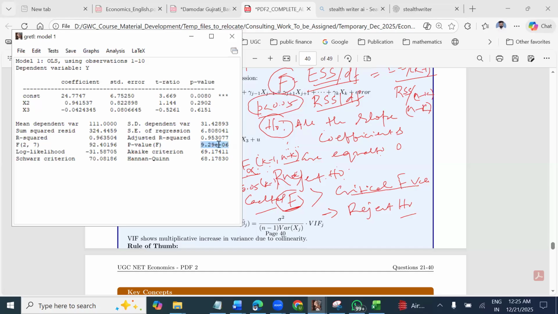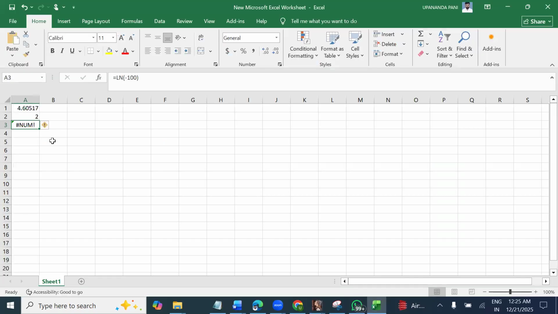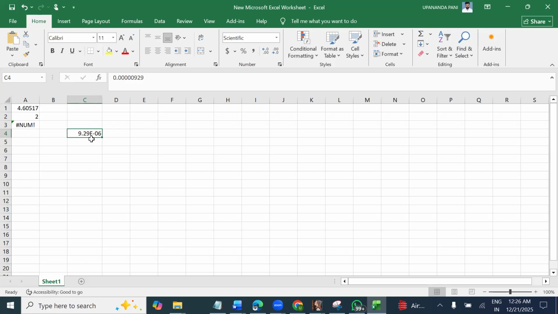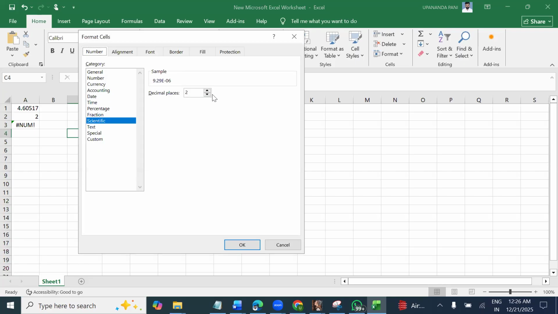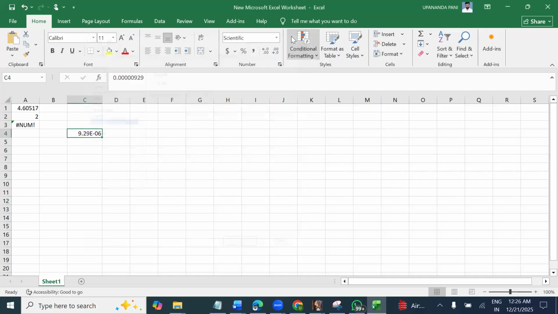Now let me show you one simple thing. So this is your P value. How much is Excel giving you? 1, 2, 3, 4, 5, 9 to 9. Suppose I increase my decimal points.